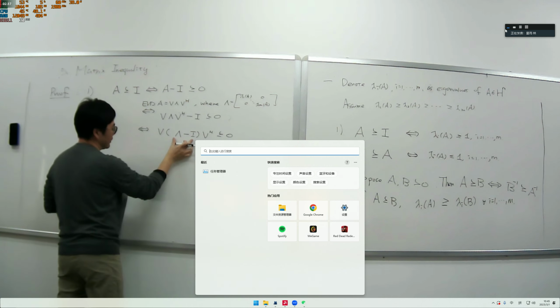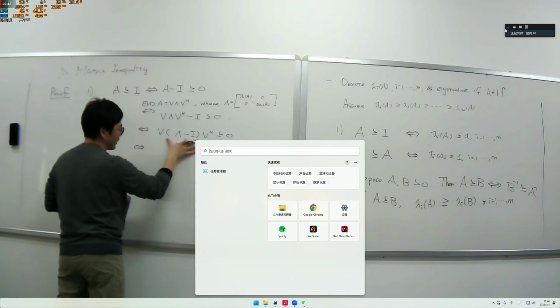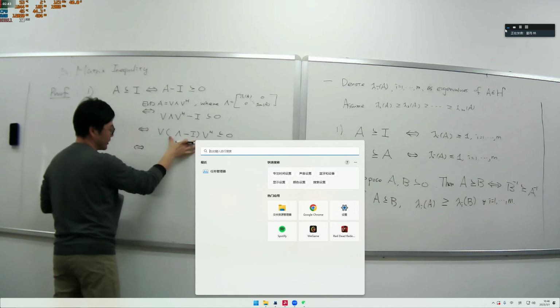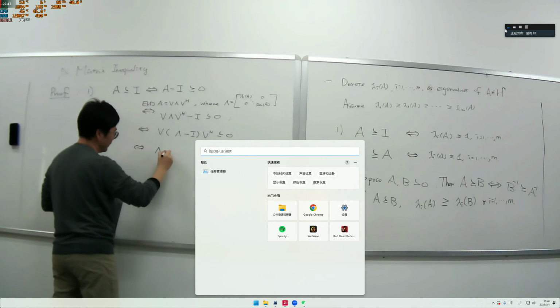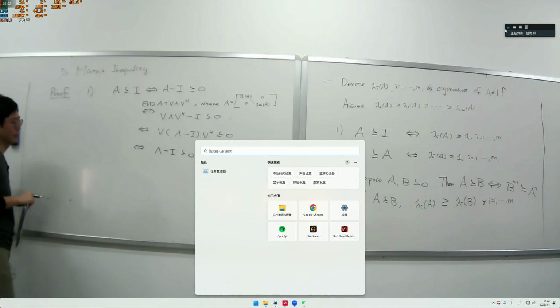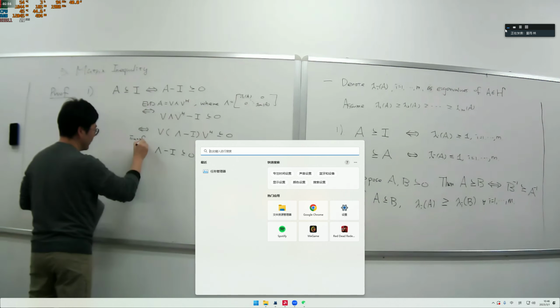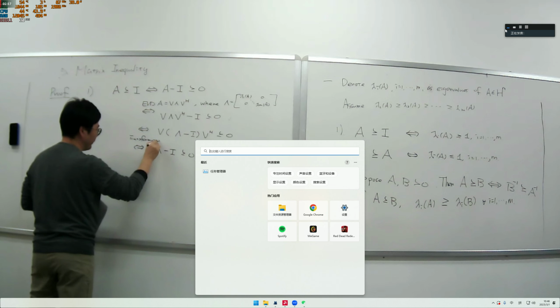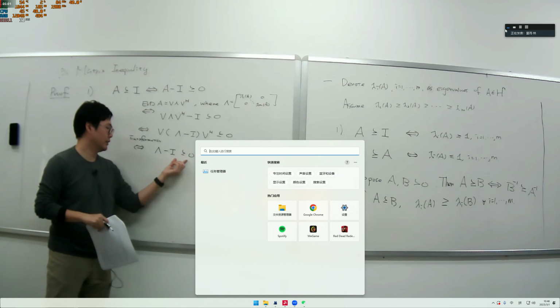So the PSD of the whole guy is equivalent to the PSD of the guy in the middle. So this is by the transformation, right? So this is PSD.